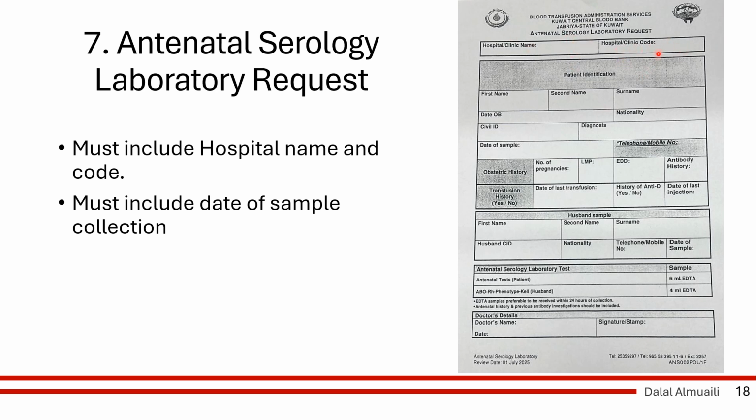This is actually very important because every time you send a request or a test to a reference lab, you need to be aware that the reference lab will receive samples from many hospitals in the country you are in. So they need to be able to tell where did this come from so they can communicate and send the results back effectively.